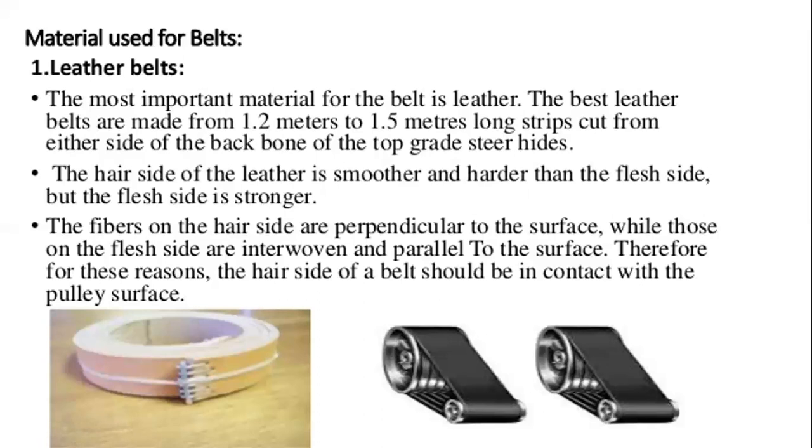The fibers on the hair side are perpendicular to the surface, while those on the flesh side are interwoven and parallel to the surface. So they are parallel to the surface and woven crosswise, that is, interwoven.